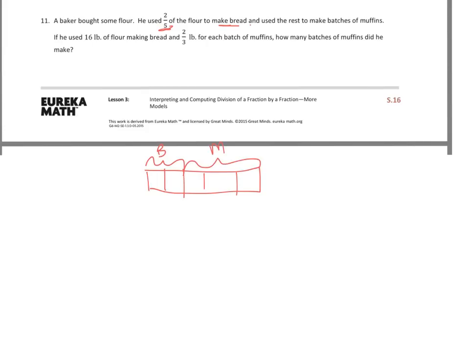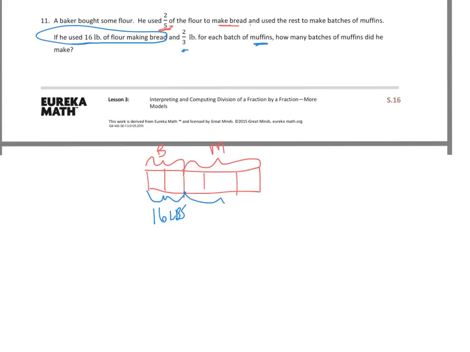Now we're told that he used 16 pounds of flour to make bread. So the bread here, it's 16 pounds. I can't do anything with the 2/3 about the muffins because I don't know how many pounds that this person used to make muffins. So I got to figure that out.